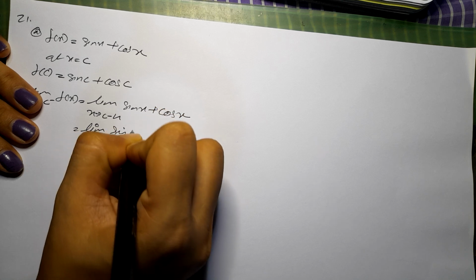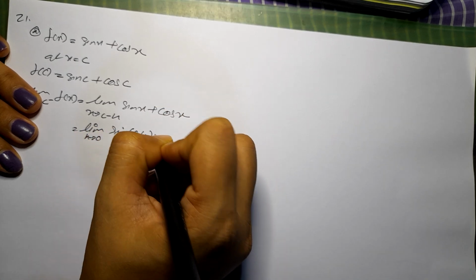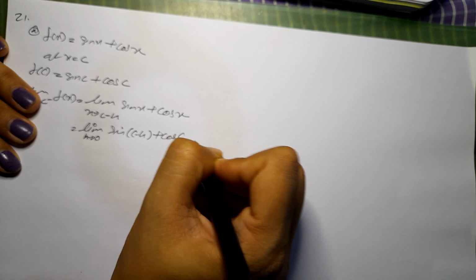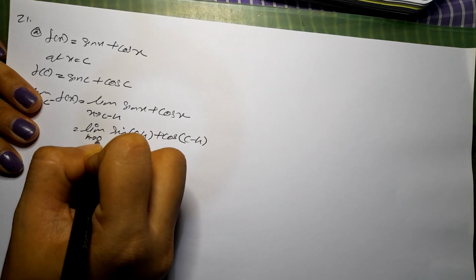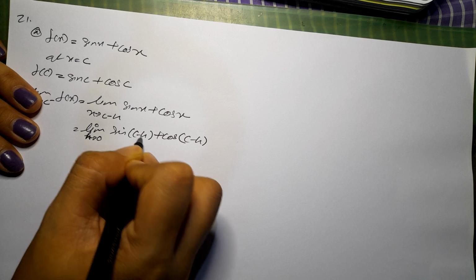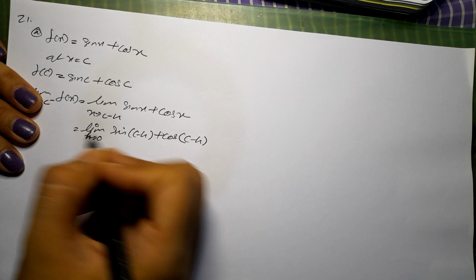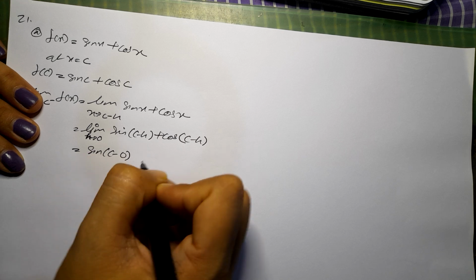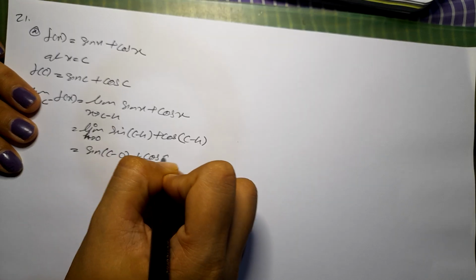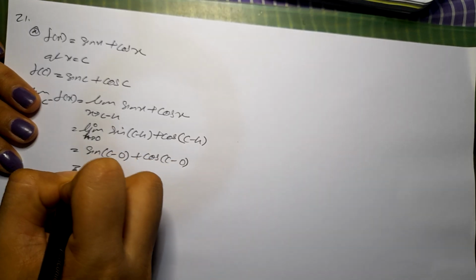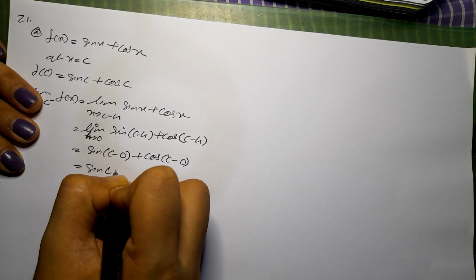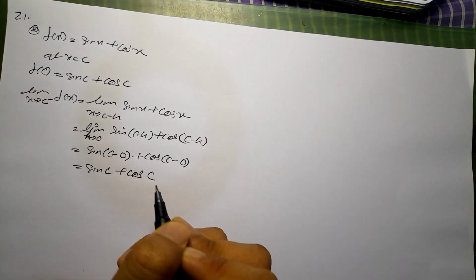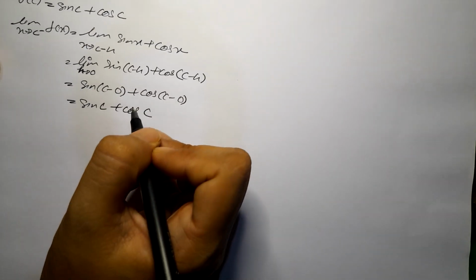So sin (c minus h) plus cos (c minus h). Now since x tends to c, h tends to 0, thus every h will be 0. So it will give sin (c minus 0) plus cos (c minus 0). So it will be sin c plus cos c. Now this is the left hand limit.